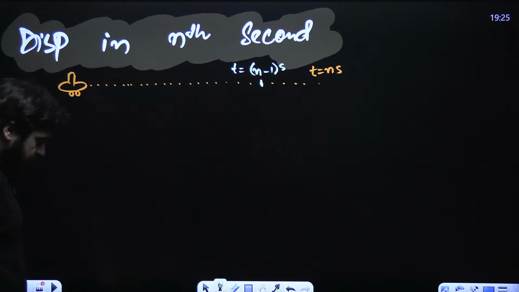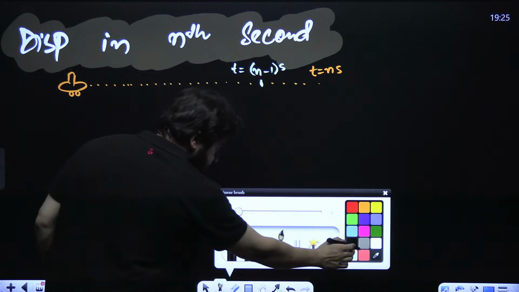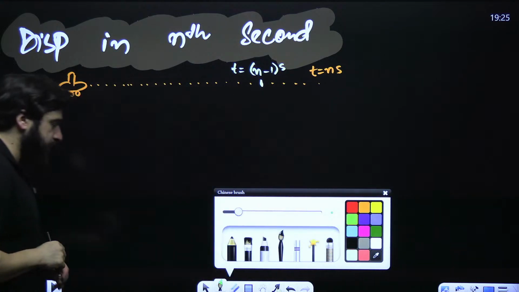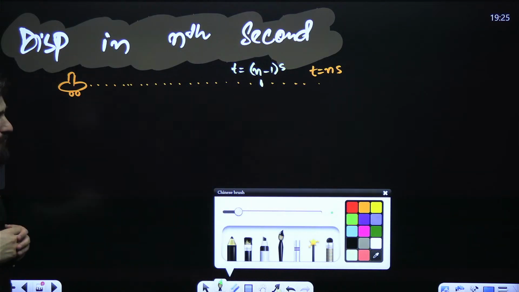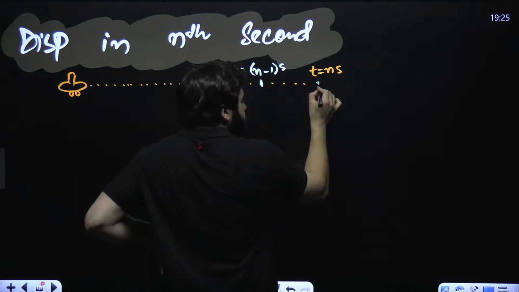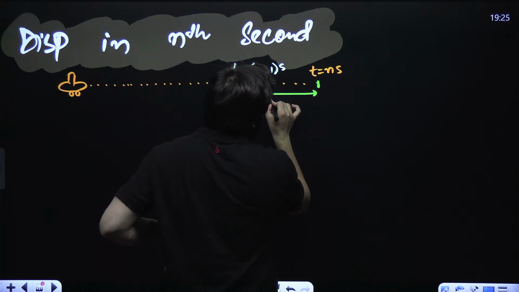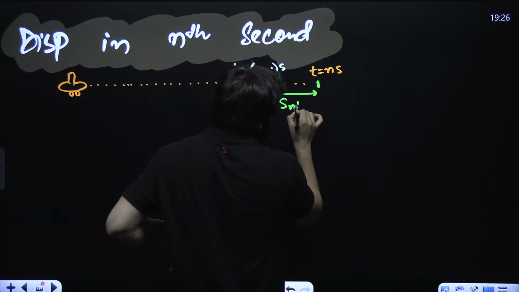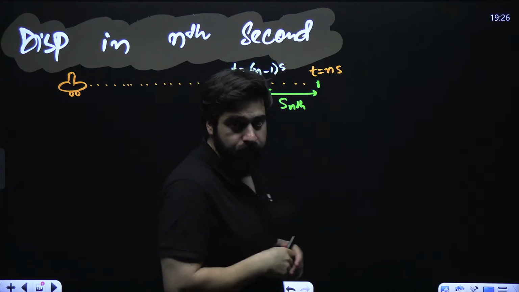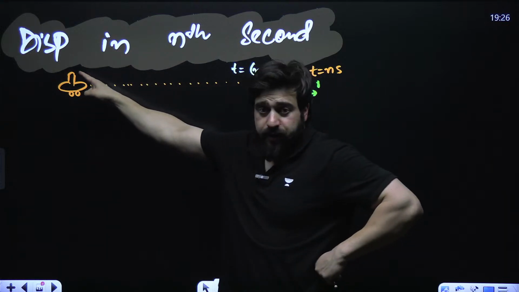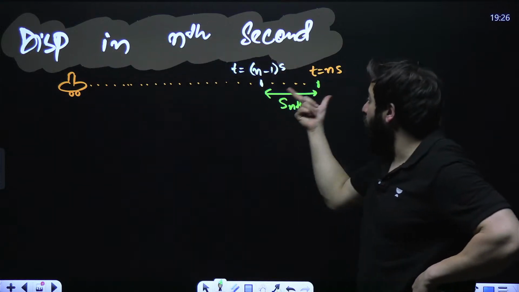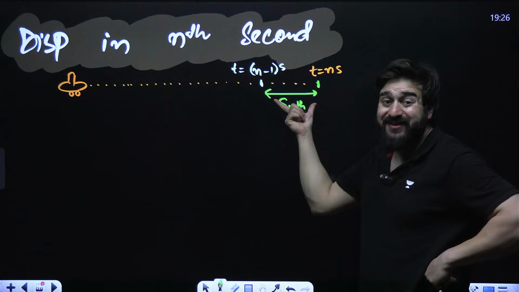Yes. Now, guys, I want you to understand one thing. You have to tell me the displacement in the nth second. That is what the equation is. You are supposed to tell me what is the displacement in nth second.